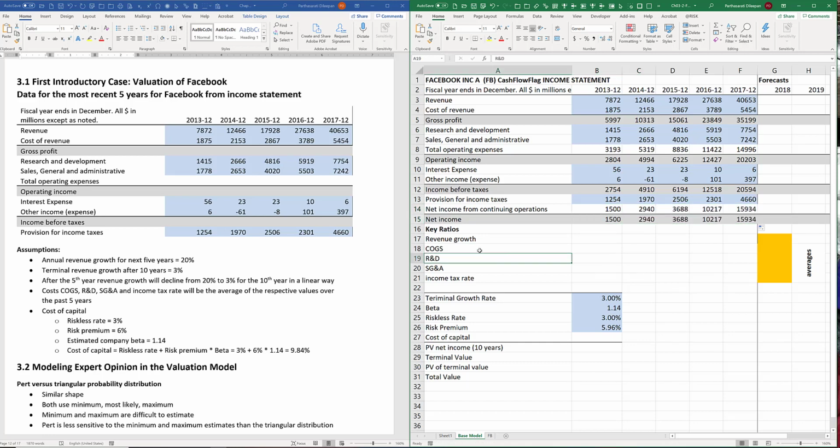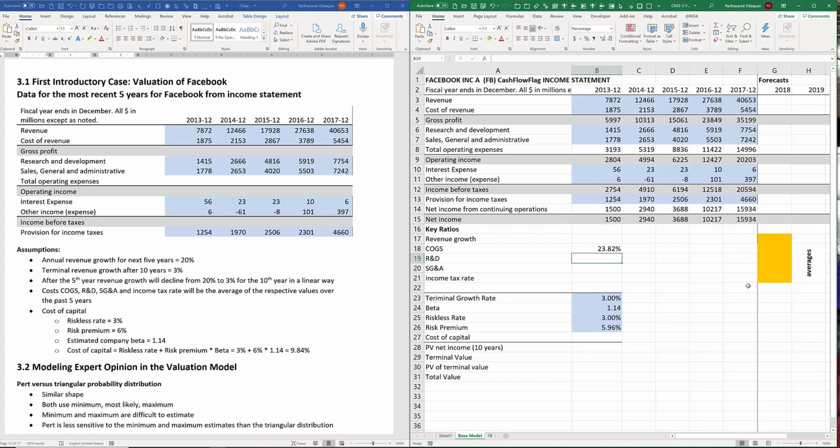Okay. So now, before we go into the assumptions, let us set up some of the ratios here. Key ratios: we want to take the revenue and then express some of these key costs as a proportion of revenue. So cost of goods sold will be that divided by the revenue.